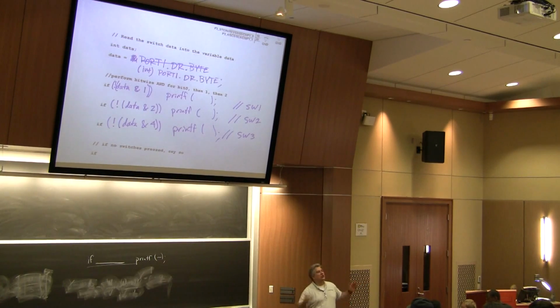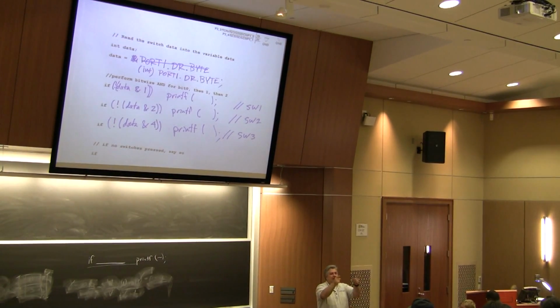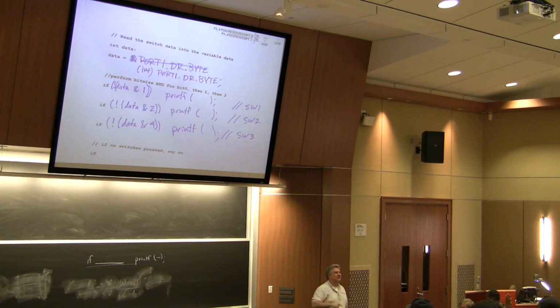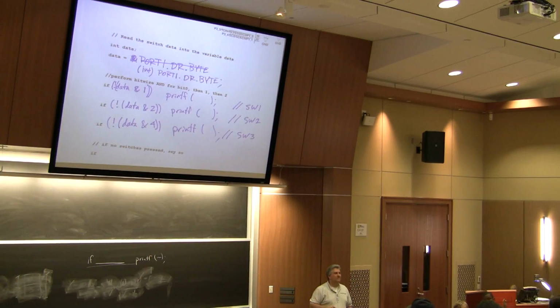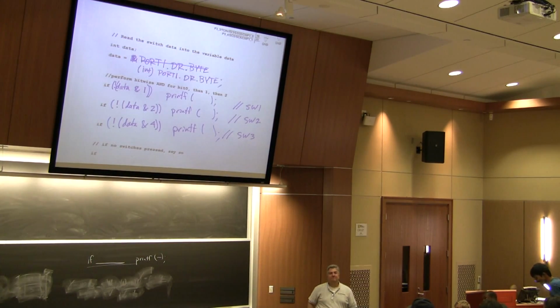Who has a solution that uses as little code as possible? Yes, data equal to 7. Is it equal to 7? Data and 7 is equal to 7. If it's not equal to 7, that means it will be something other than 7, right?